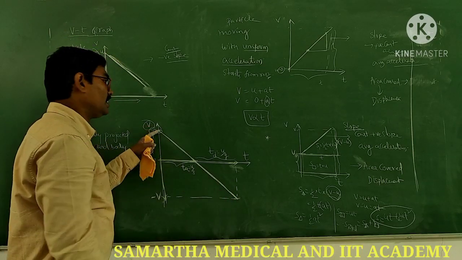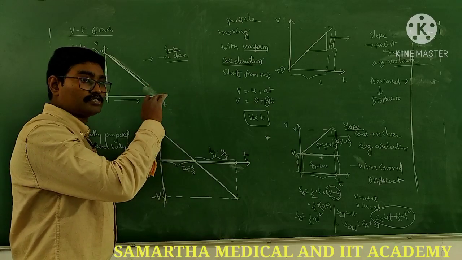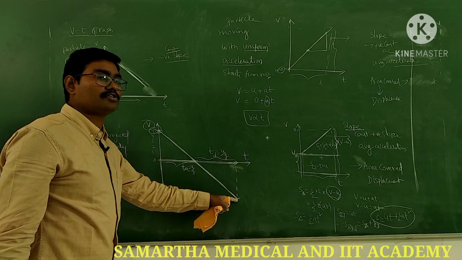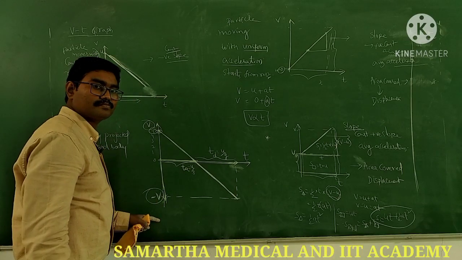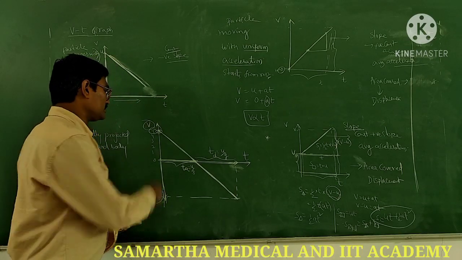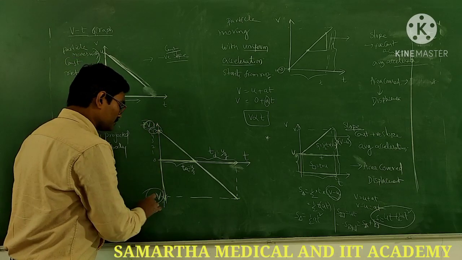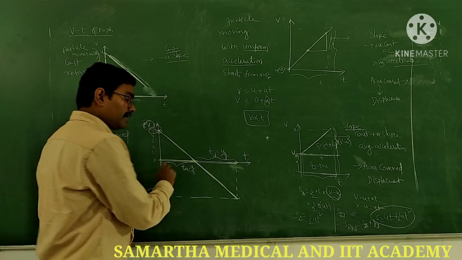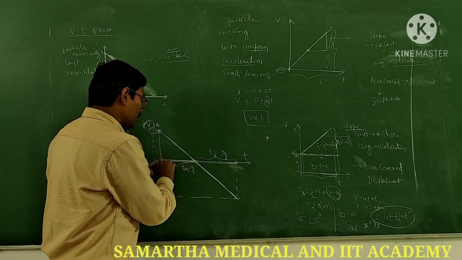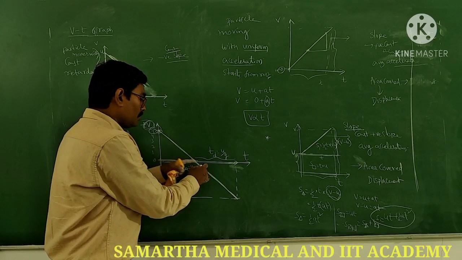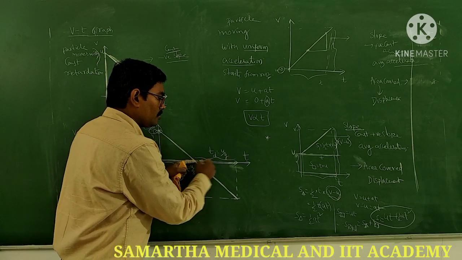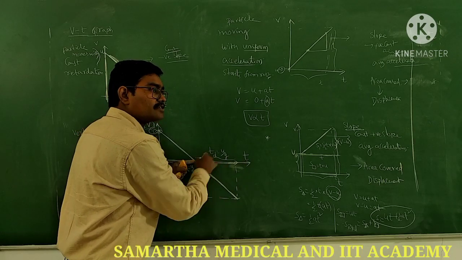Velocities: while throwing in the upward direction, positive you have taken. After returning to the ground, negative, but same magnitude, in the absence of air resistance. This is plus V, this is minus V. From V to 0 is the time of ascent. From 0 to minus V is the time of descent.